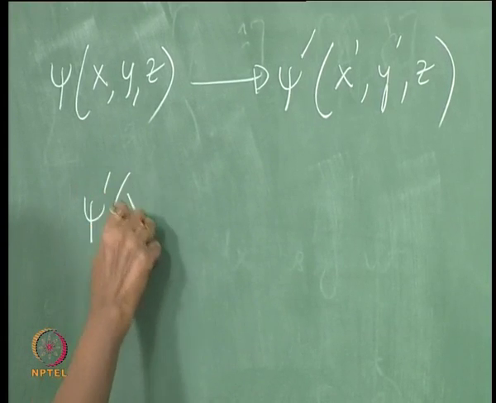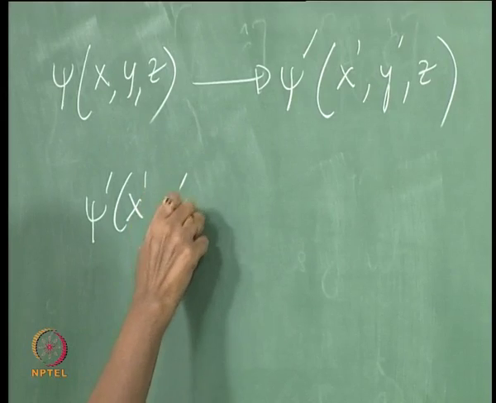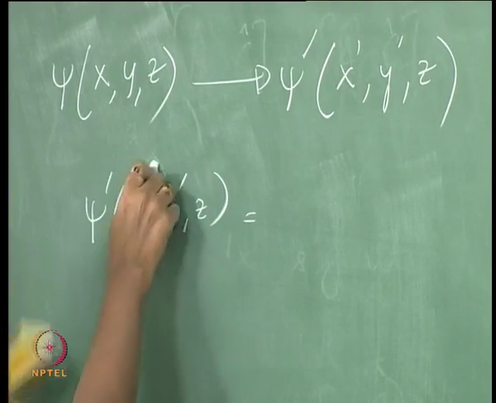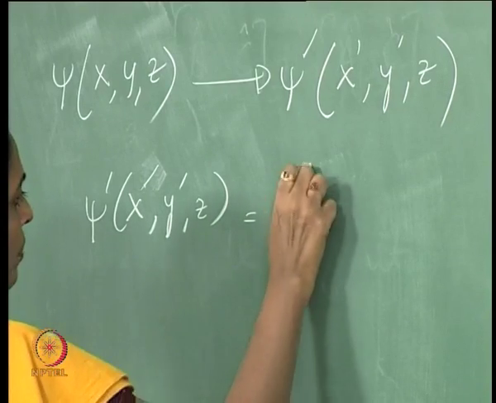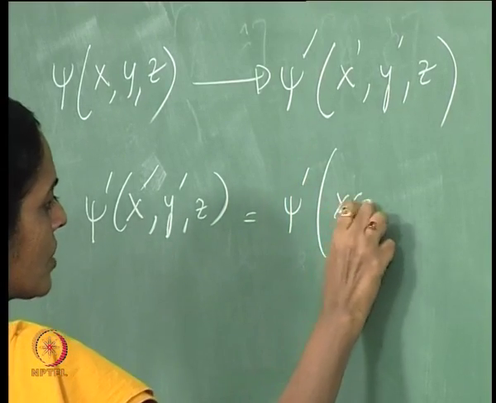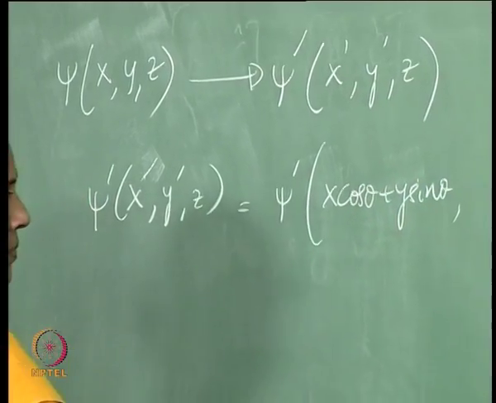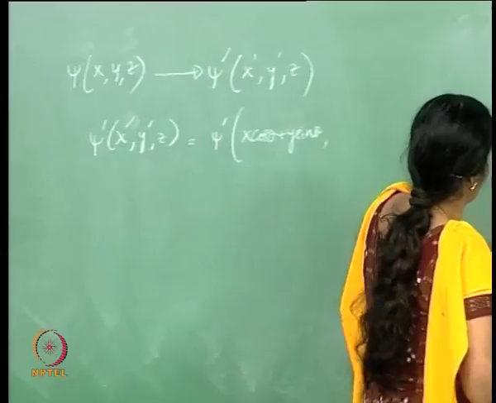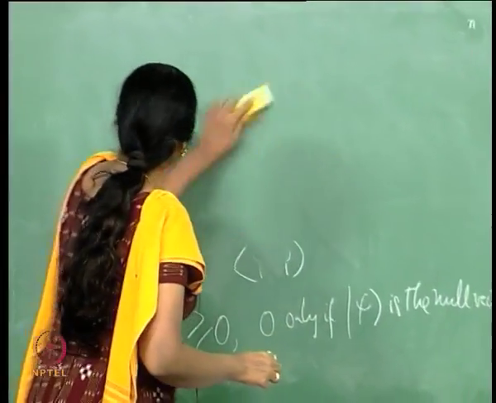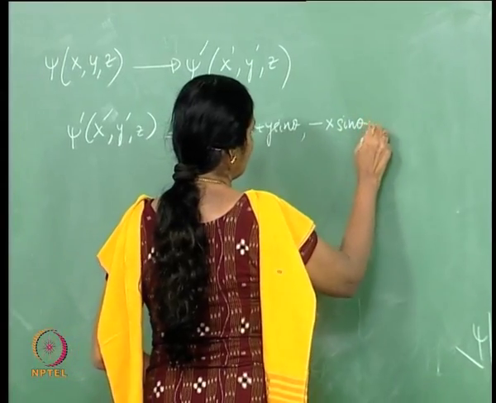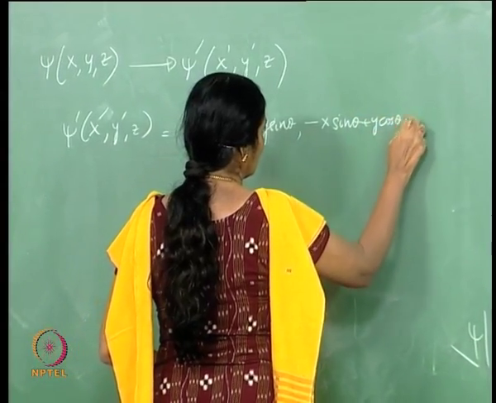Now, psi prime of x prime, y prime, z prime is the same as psi prime of x cos theta plus y sin theta, minus x sin theta plus y cos theta, z.